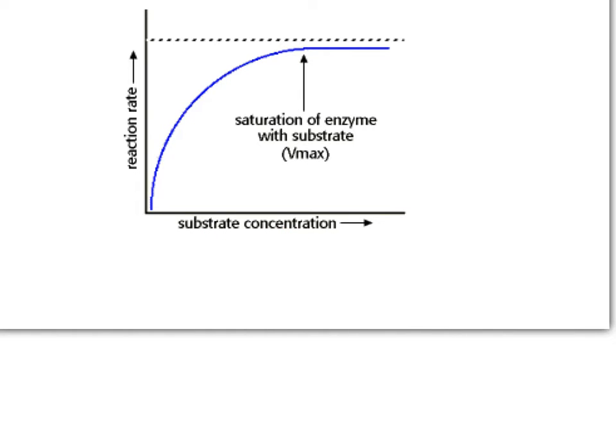However, when the concentration continues increasing, there is a point where all of the active sites of the enzymes are occupied, reaching what is called the level of saturation. At this point, all of the active sites are bound, forming the ES complex, and there is no chance for the rate of the reaction to increase.